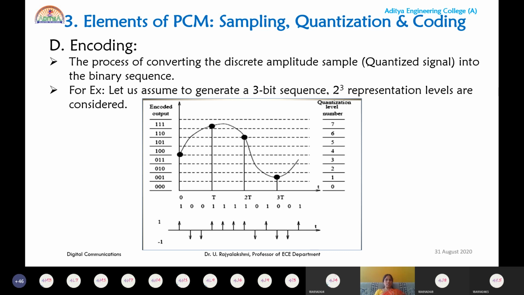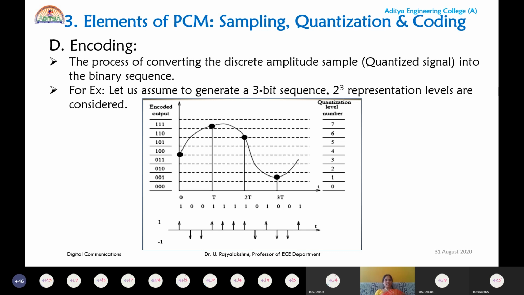Because at sampling interval t equals 0, its modulating signal voltage is 4 volts. That 4 volt representation level should be converted into a binary sequence, and because it has a total of 8 levels, you represent it as a 3-bit sequence. So 100 represents the 4-volt magnitude.